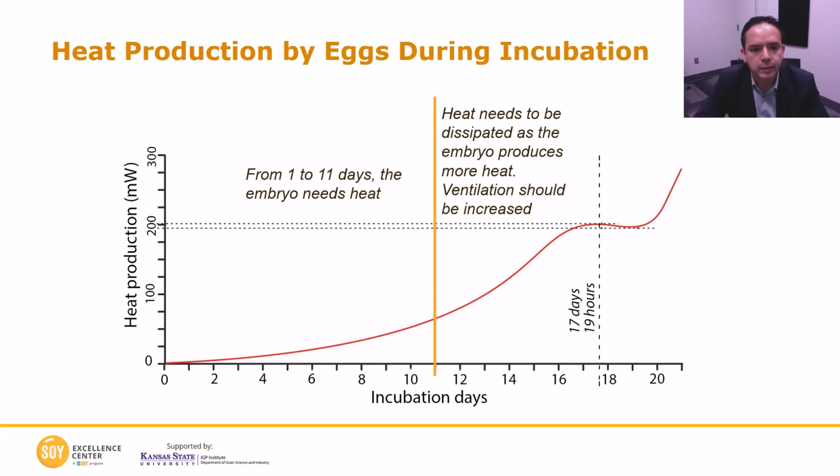However, after 11 days, the embryo is going to be producing more heat, so heat needs to be dissipated and ventilation should be increased. In this graph you can see the heat production, and this helps you define when ventilation needs to be increased.